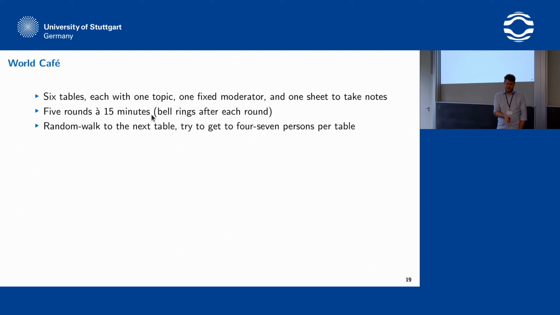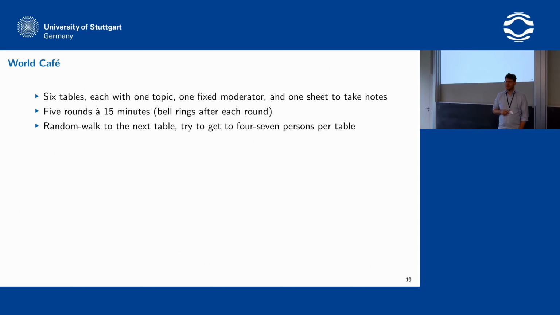That means you cannot go to every table. This is more a time issue that we had, but I think it's also not important. So you go to the topics that you're more interested in. And how this works is, we always did this with kind of a random walk, and we'll try this again. So there's not a fixed order for how you rotate.